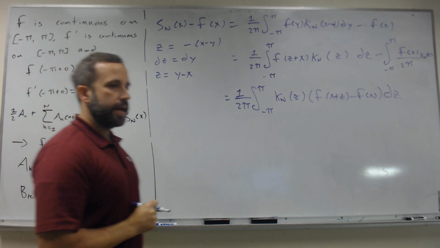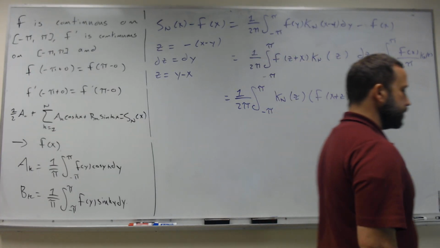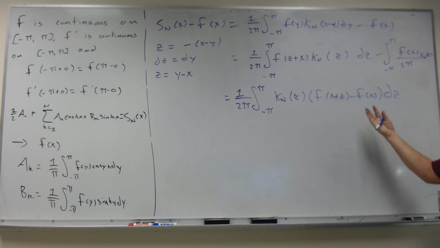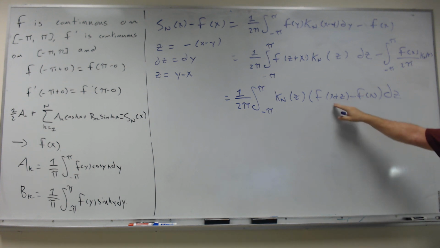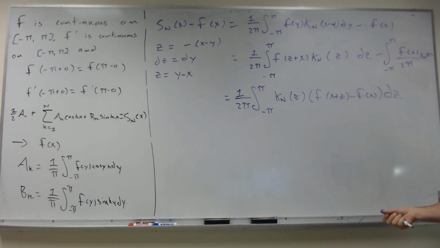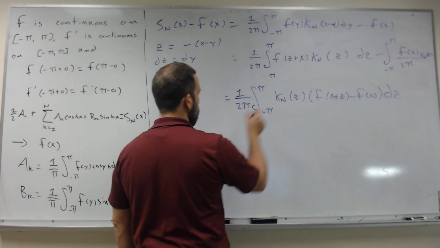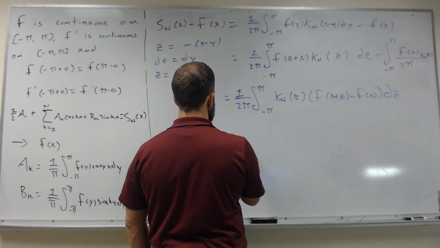And now here is where we're going to use the differentiability property of f. I've got f of x plus z minus f of x. If I think about the mean value theorem, this is going to be equal to f prime of some number in between x and x plus z times z. But if I continue, I'm going to rewrite what kn of z actually is.